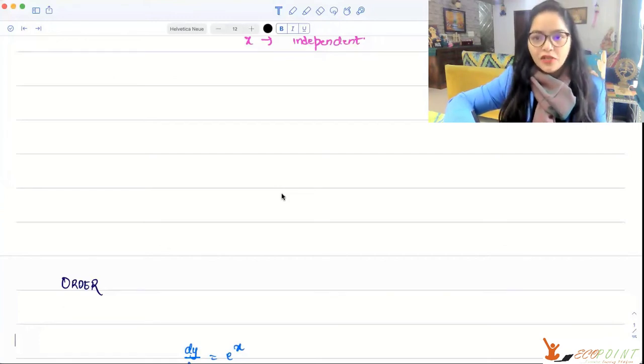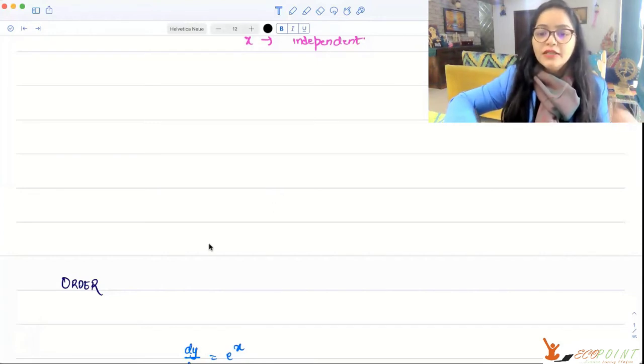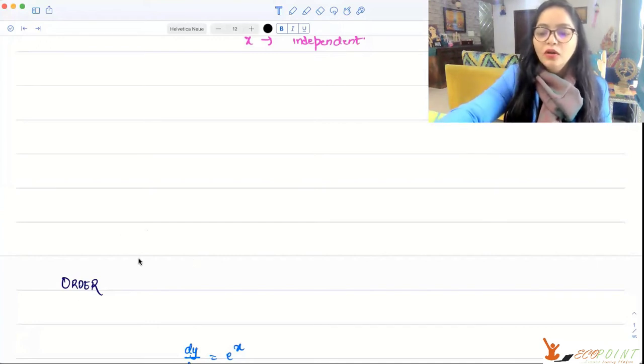When it comes to ordinary differential equations, there are two words that you must know. The vocabulary is order. One is order, so let's understand what is order. Let me just start with an example here.